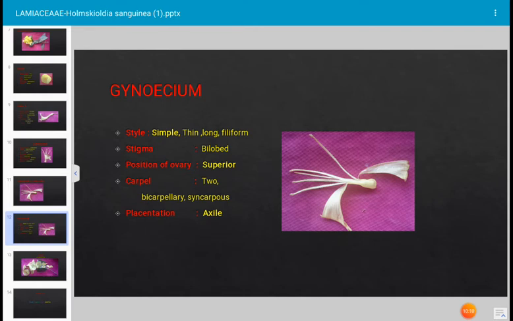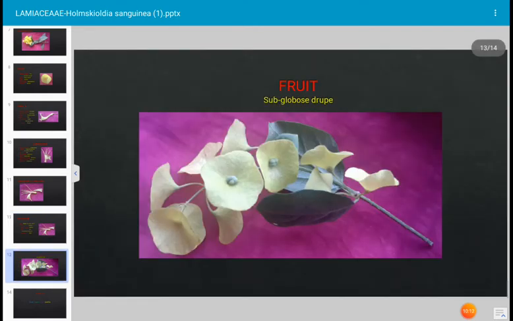Okay. Next, all these are the flowers, fruit. After fertilization, the flowers develop fruits. Here we have shown in the photograph, calyx is there, it is persistent calyx, and fruit is developing at the center.